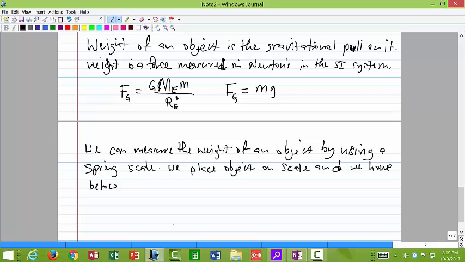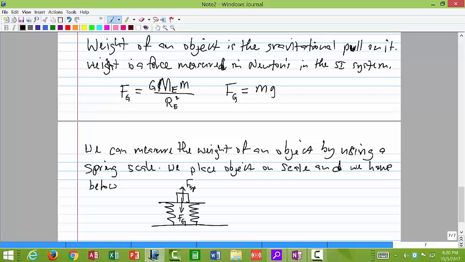So suppose we place the object on a spring like that on the floor. So this is the object. This object will have a gravitational pull Fg and a push from the spring which pushes it upwards, which is given by F of the spring, like that.